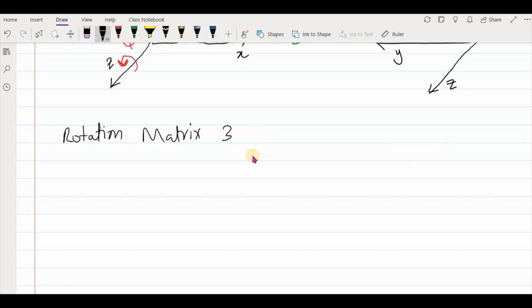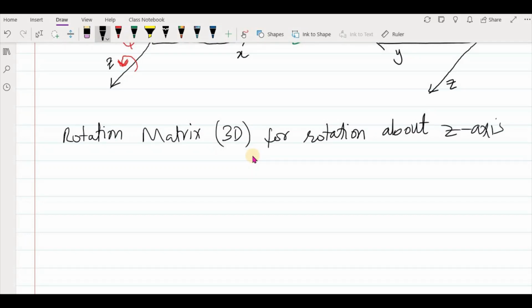Rotation matrix 3D for rotation about z-axis. You can call this matrix R, and it shows rotation about z-axis with angle psi.